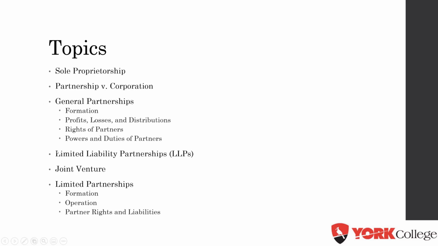You have the limited liability partnership, which must be between two or more human beings that are professionals. You have a joint venture, which doesn't look to see whether it's a business or a human being, and is used internationally. Then you have a limited partnership, which also has general partners that must be human beings, but limited partners that could be businesses.